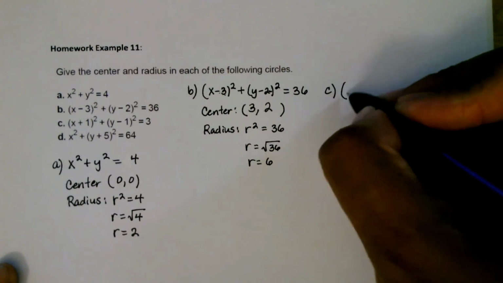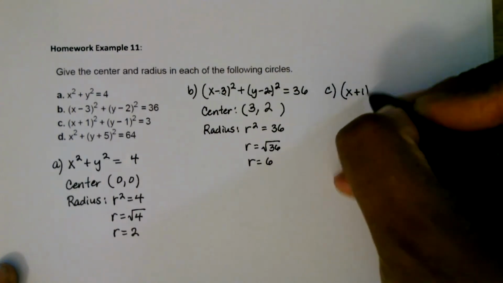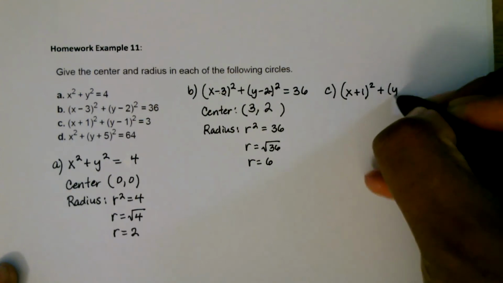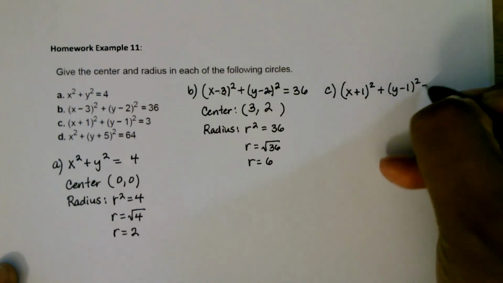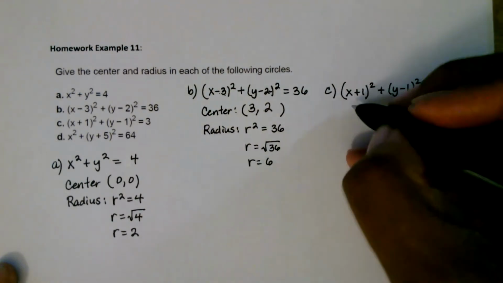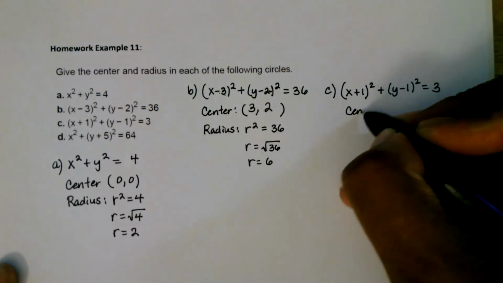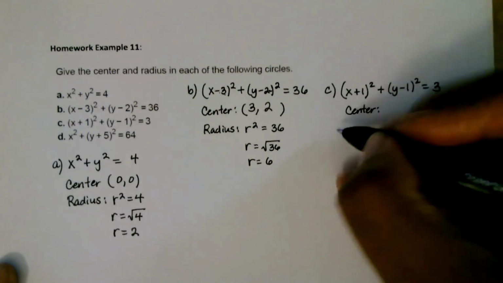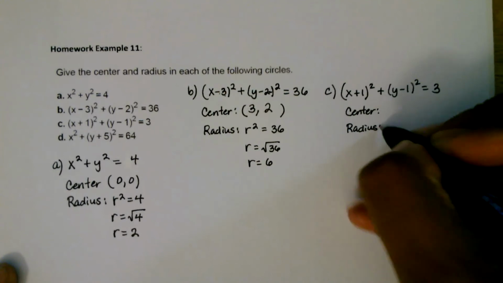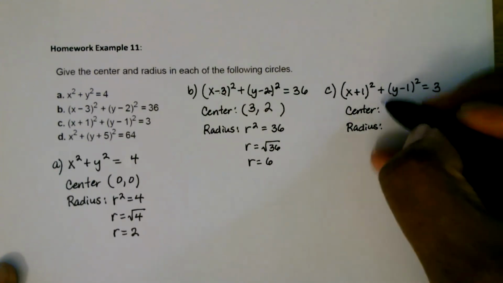Here's another example, one where the center is not at the origin. x plus 1 quantity squared plus y minus 1 quantity squared is equal to 3. And again, I want the center and the radius. All right, let's look at this here.